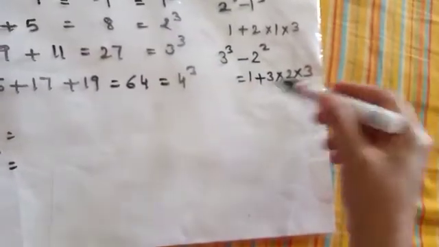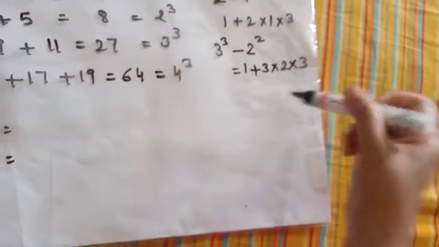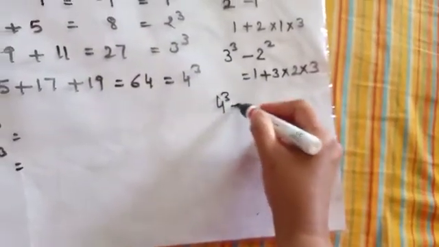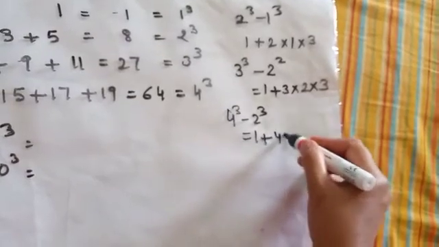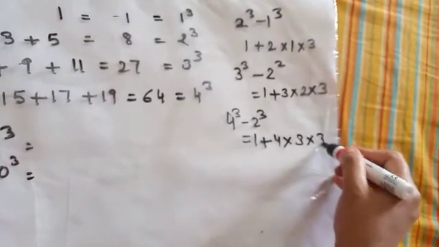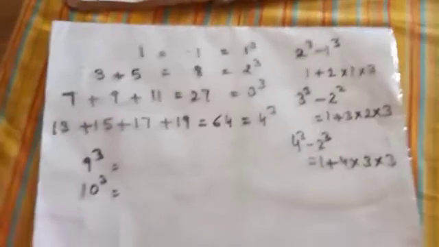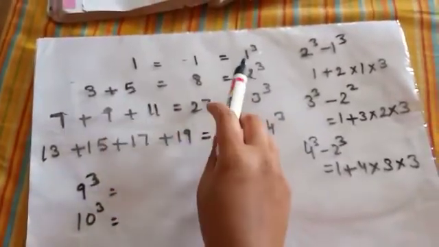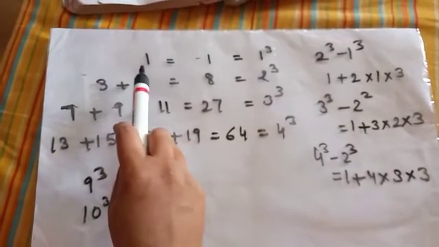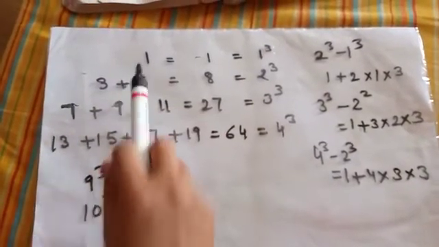So what are we doing here? What is the pattern? 4 cube minus 3 cube can be written as 1 plus 4 into 3 into 3. So you have to observe the pattern on your own. Now here, what are we doing? When we are writing 1 cube, we are starting with 1, right?